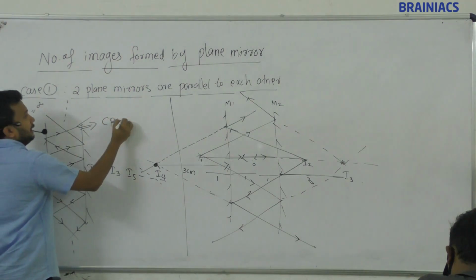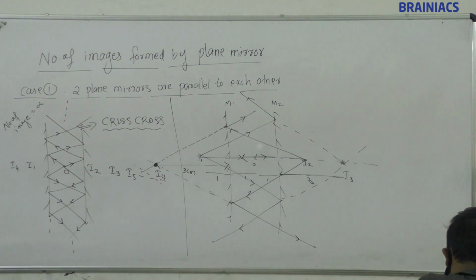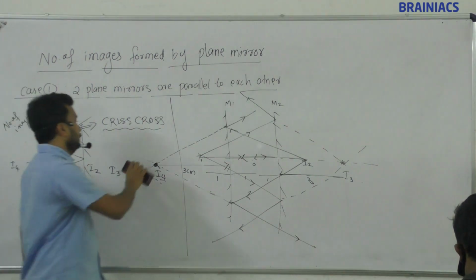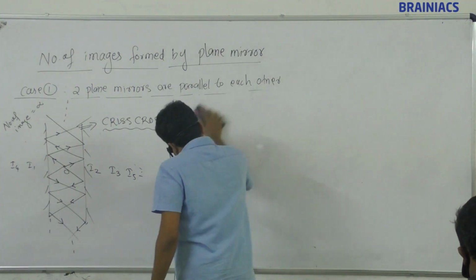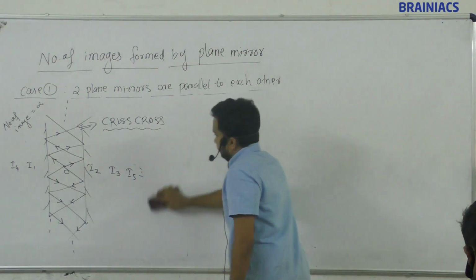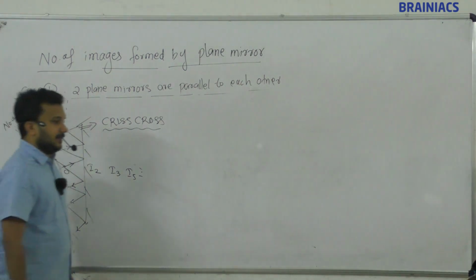This pattern is called crisscross pattern, or simply crisscross. So the number of images is equal to infinity. Zigzag, right?